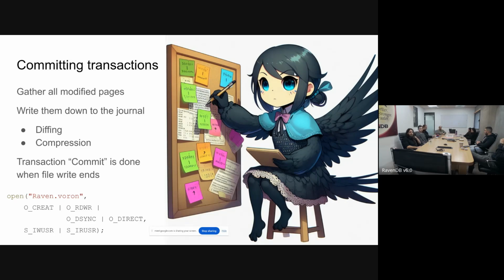On commit, I take all of those modified pages, and then I do something really interesting. I diff them with the previous version. Remember, the first thing that I did is I cloned them from the original copy. So then I just do a binary diff between them and write just the modified bits. Why is that?